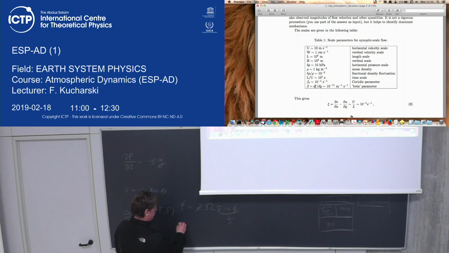So we just have to consider omega is 2 pi over 1 day, so 86,400 seconds. So that's about 10 to the minus 4 for omega, and it's correct to say that f is probably something similar, scaling like 10 to the minus 4. That's one.